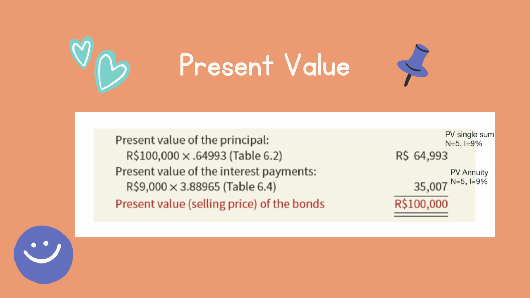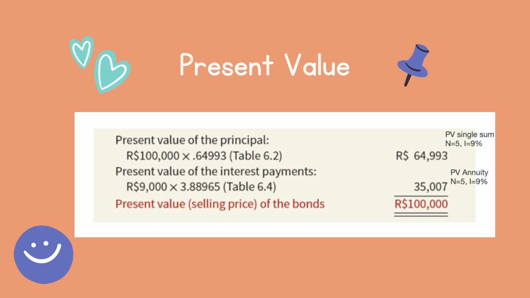Okay, and I'm gonna get the factor, which is 3.88965, and I'm gonna multiply it with the payment, which is the 9,000. We're gonna get 35,007. So total present value of the selling price that I'm gonna receive today, it's equal to the sum. I'll add 64 to the 35, so it's gonna be 100,000.